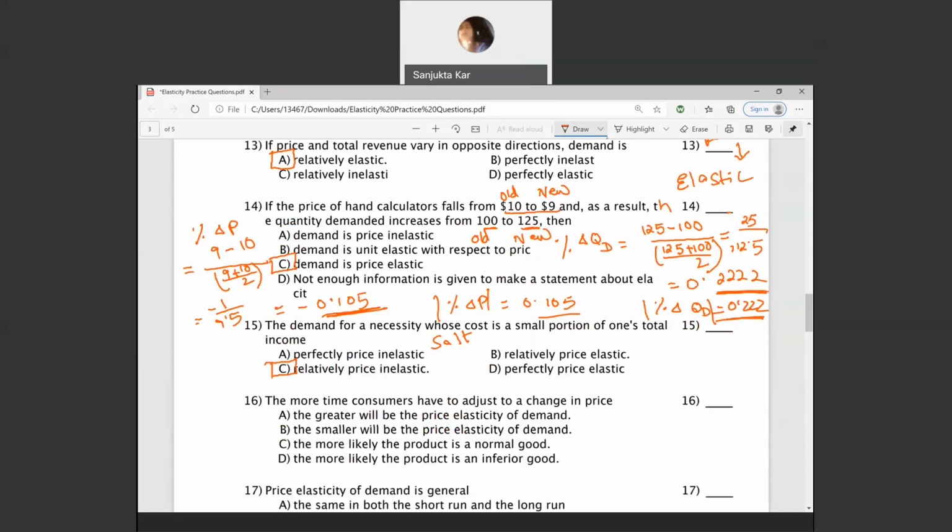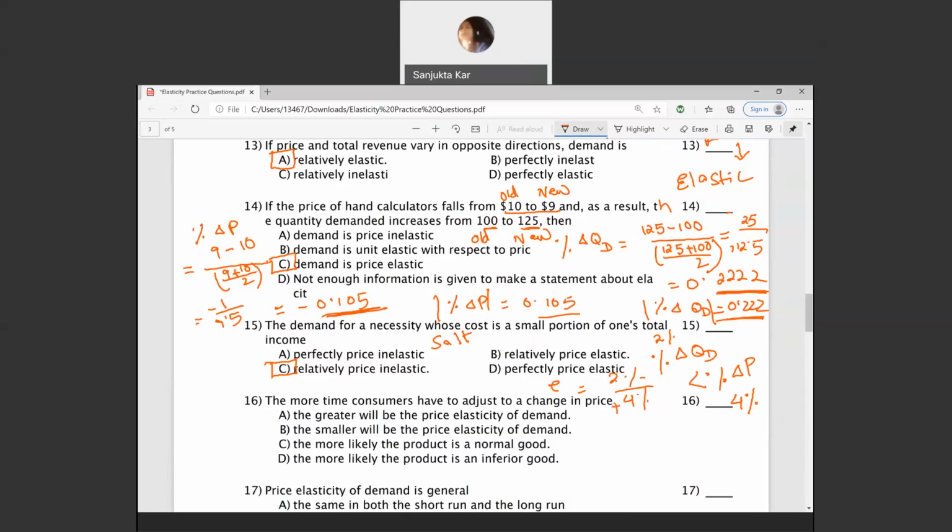So here percentage change in quantity demanded will be less than the percentage change in price. Say the percentage change in quantity demanded is 2%, percentage change in price is 4%. The elasticity value will be 2% over 4%.